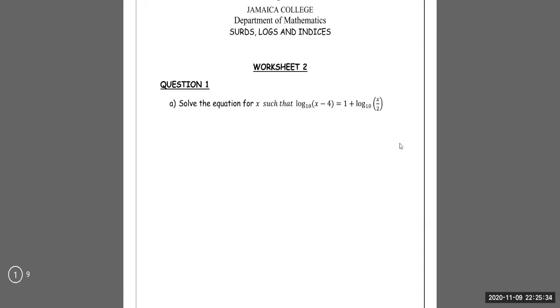Since it's a fraction, we can separate it by saying log to base 10 of x minus log to base 10 of 2. All right, we can do that, but why would you do that?